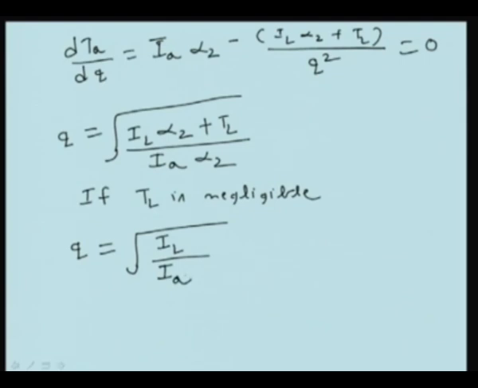So, in this case the gear ratio is not dependent on alpha 2, it is the ratio between the moment of inertia of the load and the moment of inertia of the armature. So, this is what that answer has come.